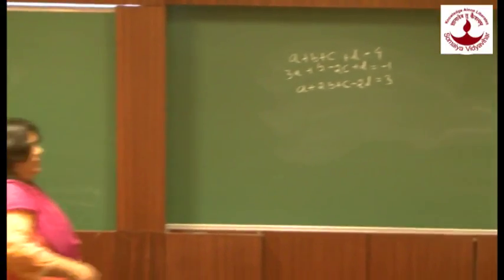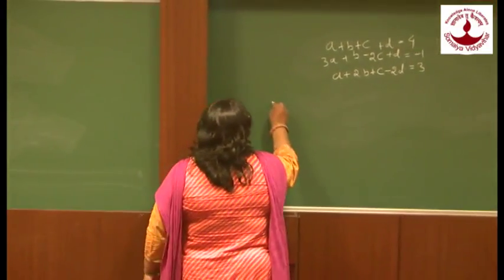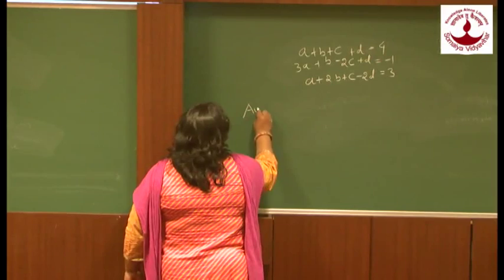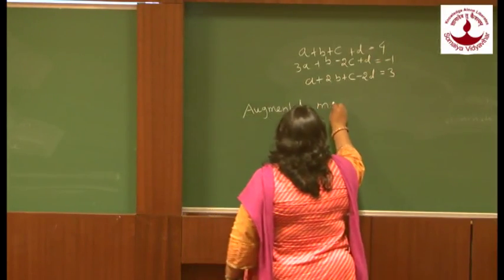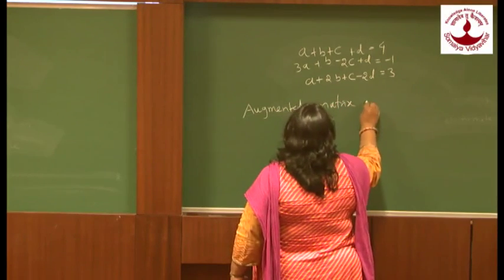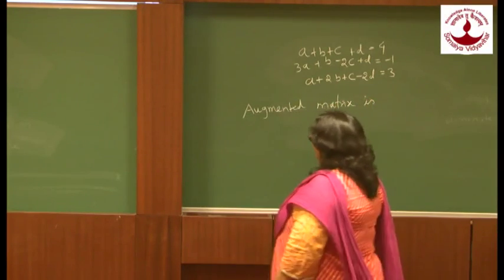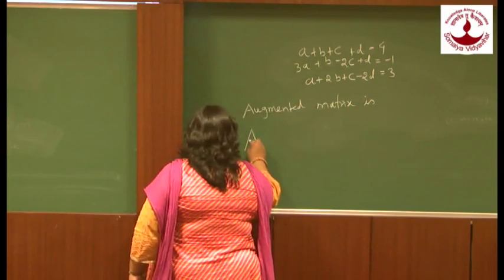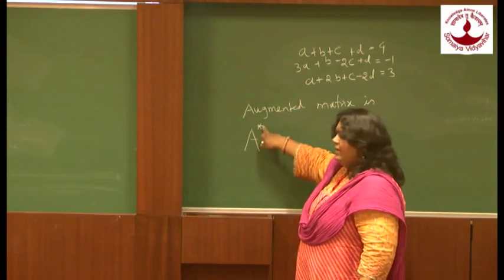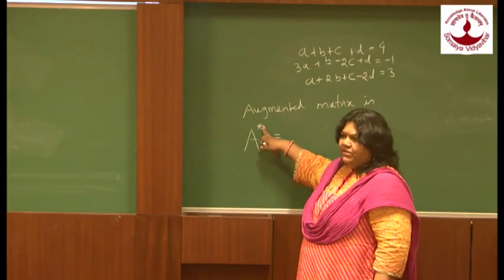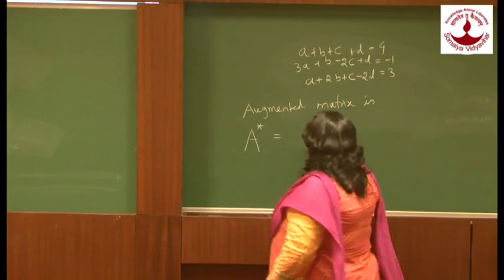We will write a matrix for this, which is called the augmented matrix. The augmented matrix is denoted by A star, A and an asterisk mark, which we commonly call star.